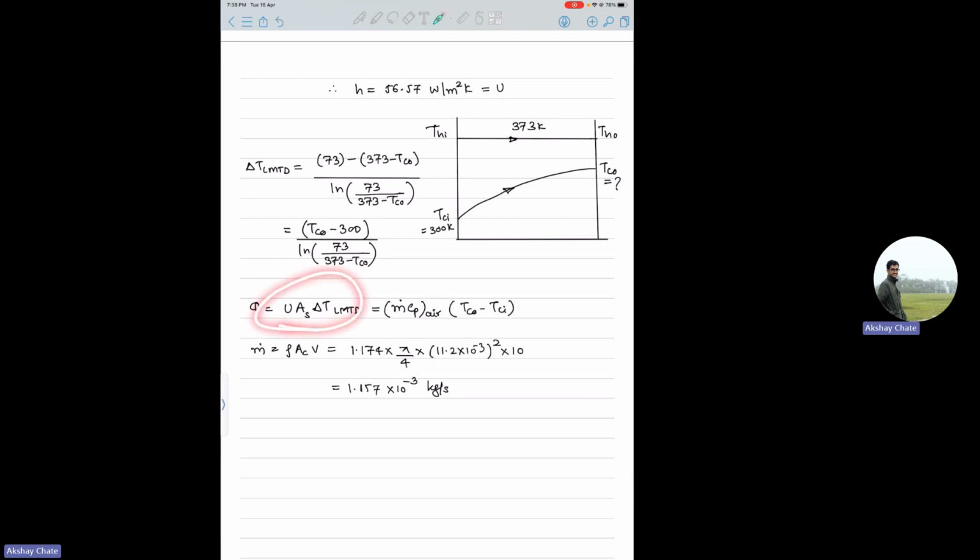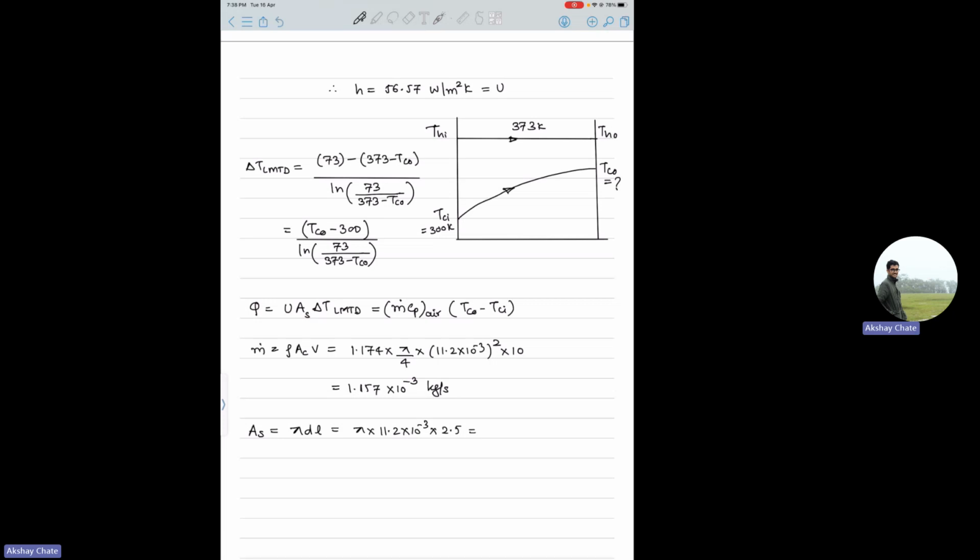Now coming back to this side, this UA LMTD. U we already calculated, which is 56. A is the surface area for heat transfer. So what is the AS? AS will be pi d into L, right? Because that is where the heat transfer is taking place. So that will be pi into 11.2 into 10 to the power minus 3, and length is also given as 2.5 meters.